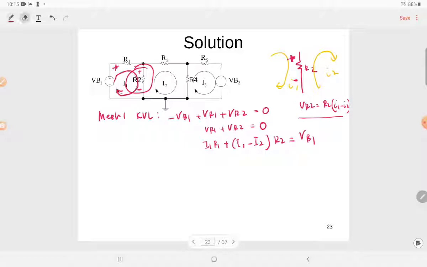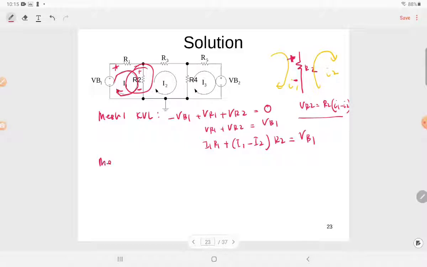Sorry again, this is not 0, this is VB1. So this is our mesh equation for KVL 1.